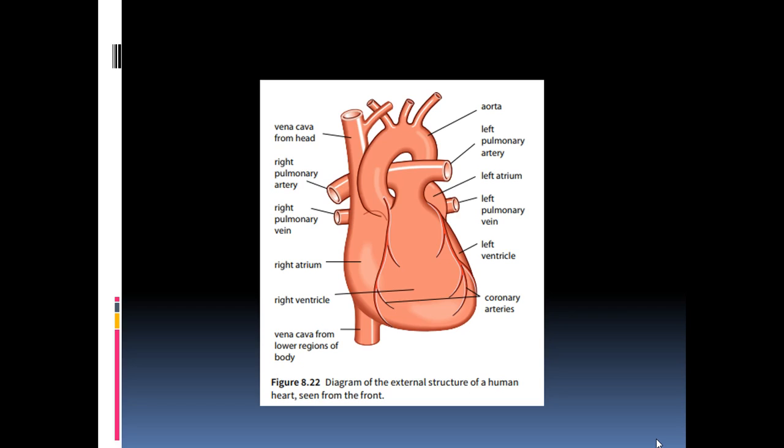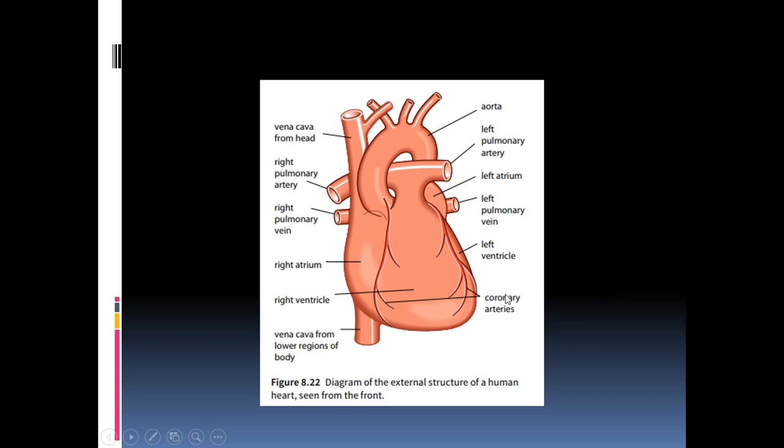If you look at this particular diagram, you can see that there are small blood vessels that run through the wall of the heart itself. These are what we call coronary arteries.